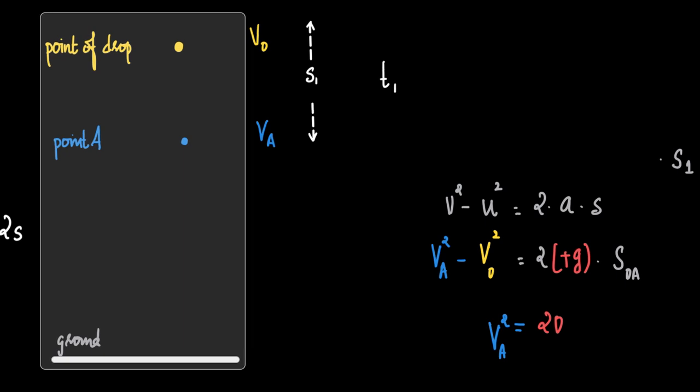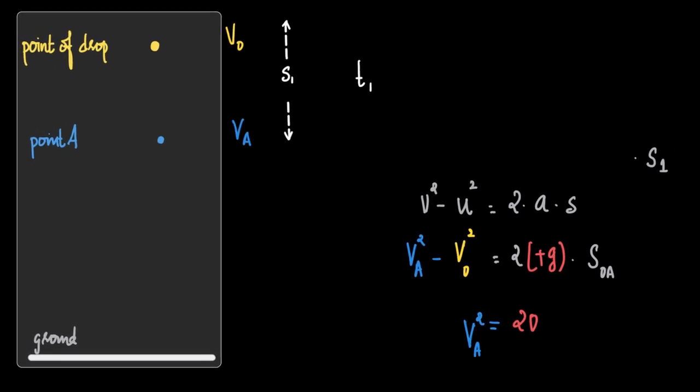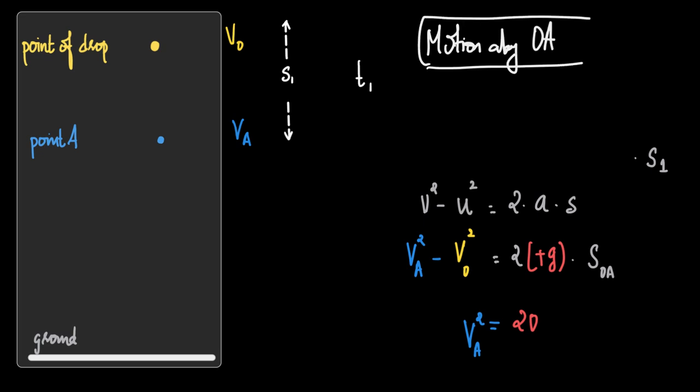We will first consider the first path. I could maybe write here: motion of the body along OA. Applying equations of motion, we have v square minus u square is equal to 2as.